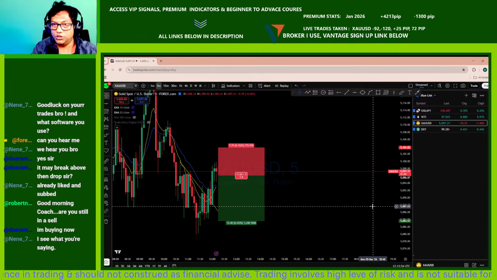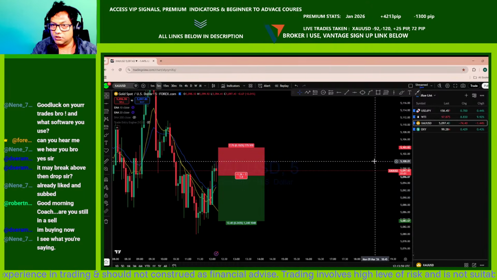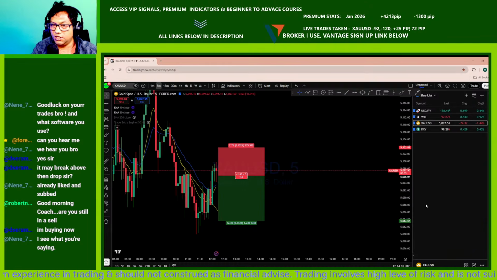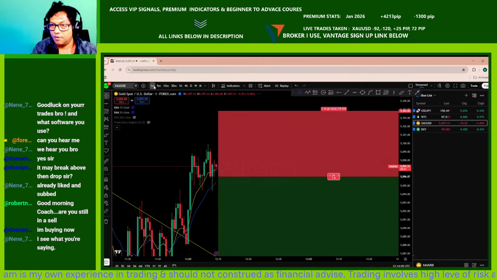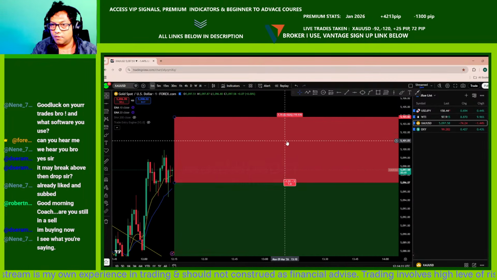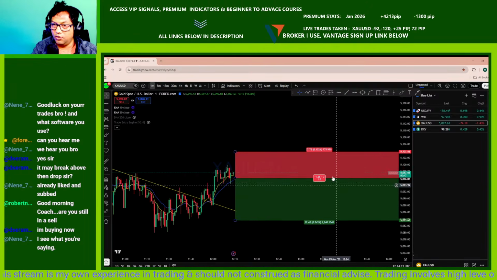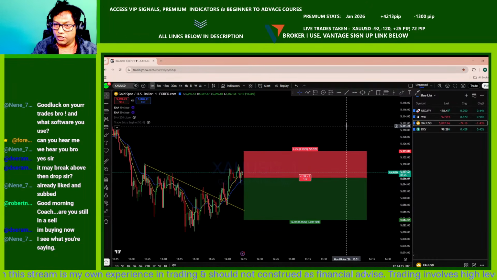Cool. So we see the 5 minutes. Now this 5-minute candle is important because it's potentially rejecting this previous resistance line, creating a sideways consolidation market structure.